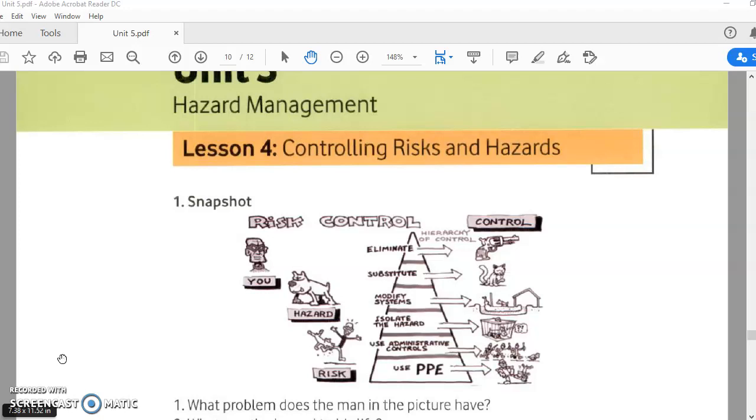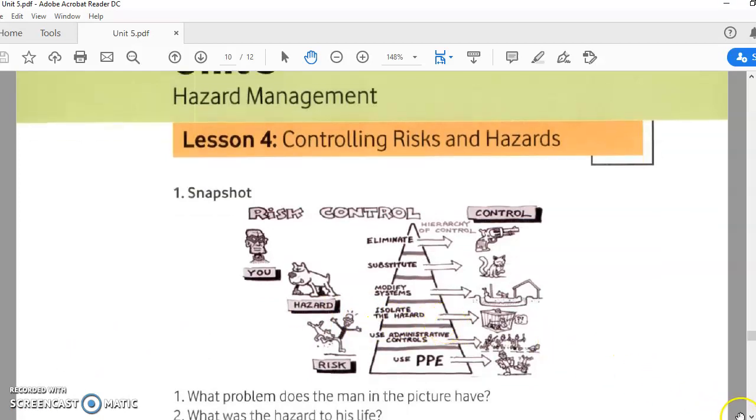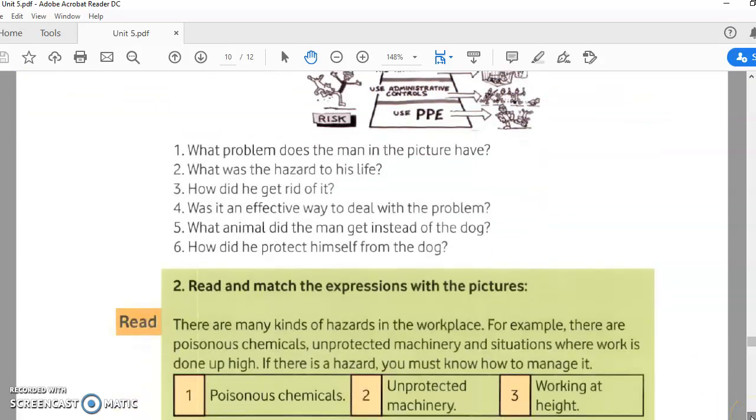So 10, then the next 10, and so on. And the last step here is the use of PPE, personal protective equipment, which, as we all know, is really important in minimizing risk. Okay, let's move to the reading section here.